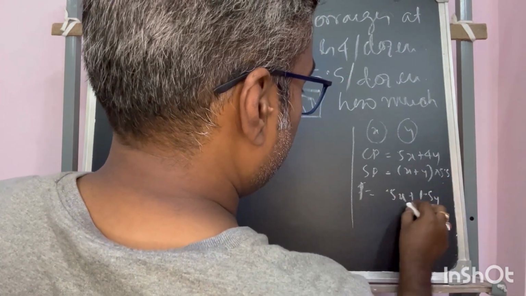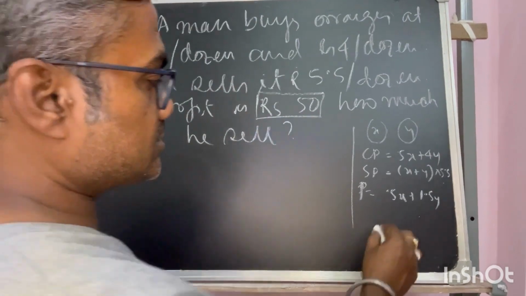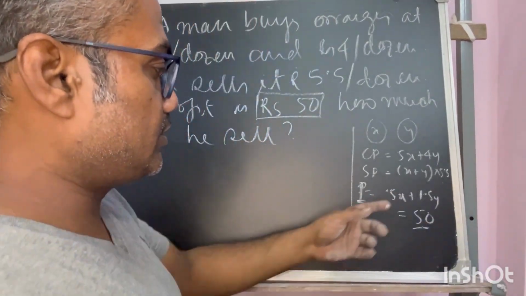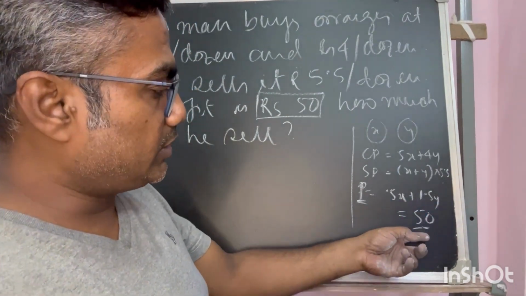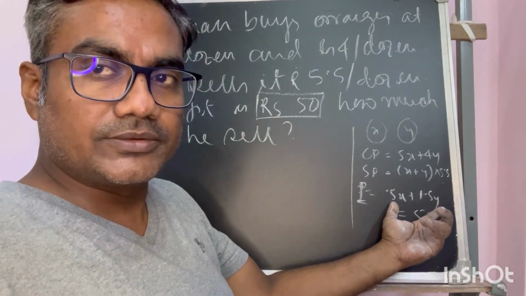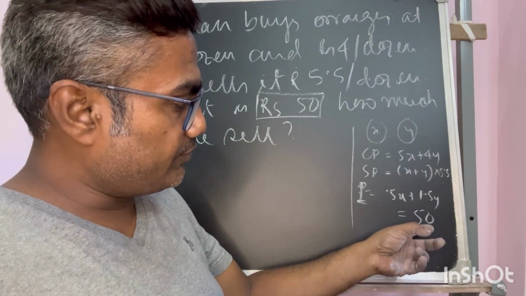Now you equate this to the total profit. This is one equation with two variables, so you will not be able to solve it. You have to go with trial and error values.